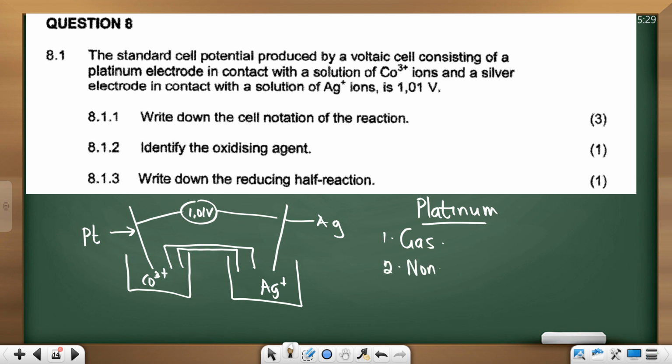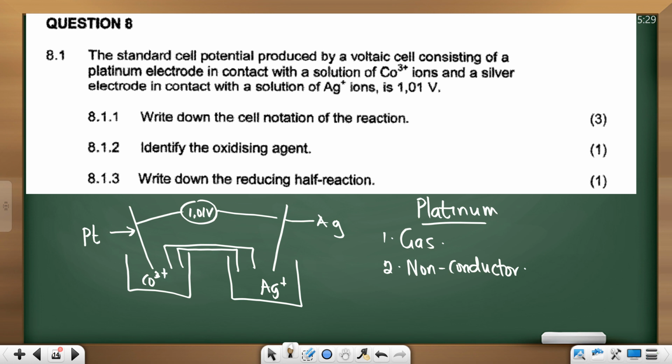Two, when you have a non-conductor. So this time around, the examiner decides they don't want to use cobalt metal or cobalt solid. They want to use cobalt ions with a platinum inside. So what do we then do?